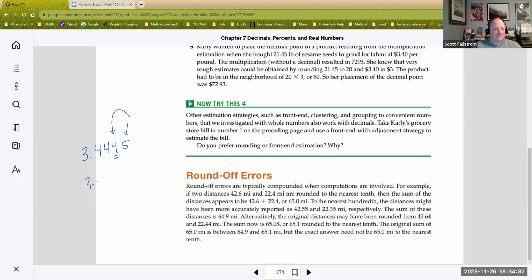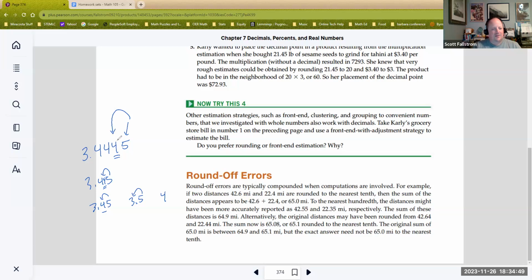So that would make the number 3.445. But if I now say round to the nearest hundredth, this 5 would round that up. Becomes 3.45. If I say round to the nearest tenth, this one rounds it up. Now you get 3.5. I say round this up, and you end up with 4.